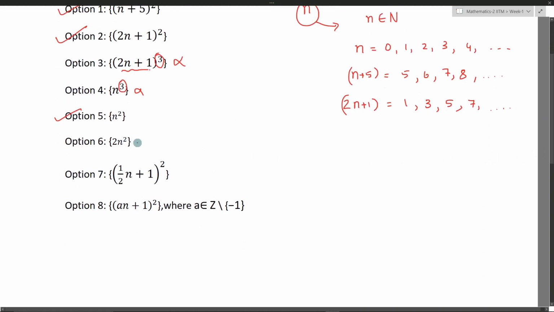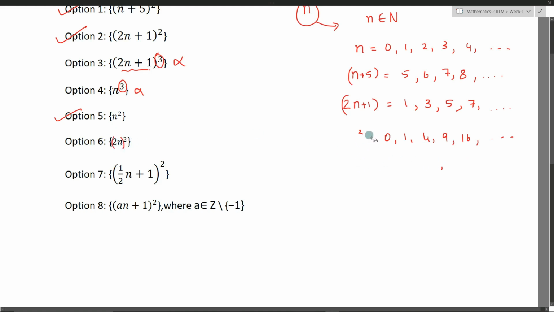So what about 2n square? Since the index is the same, I'll consider n square. N square is nothing but 0, 1, 4, 9, 16, etc. Sorry, in the question we have 2n whole square.